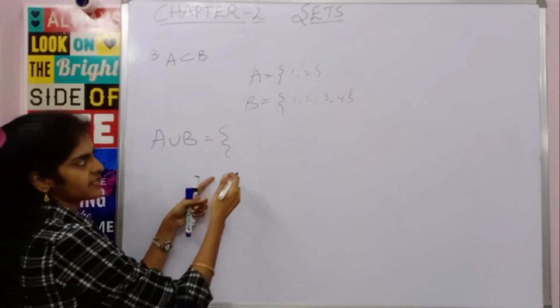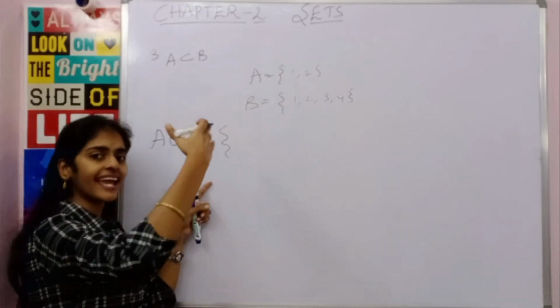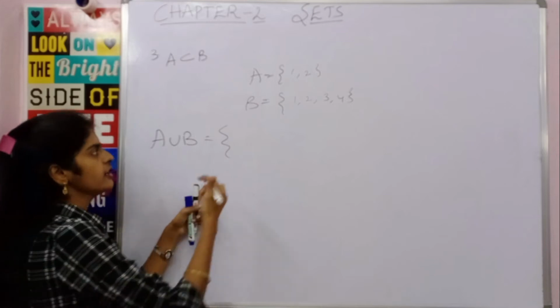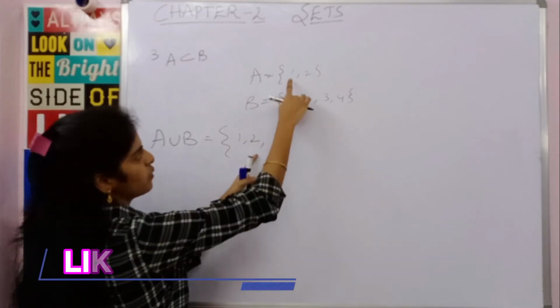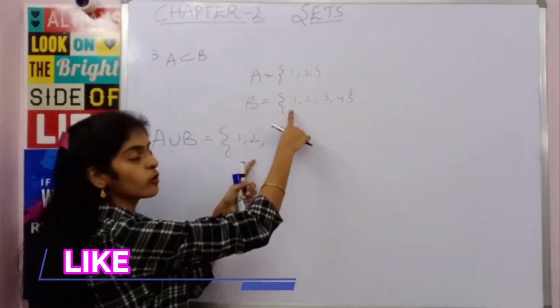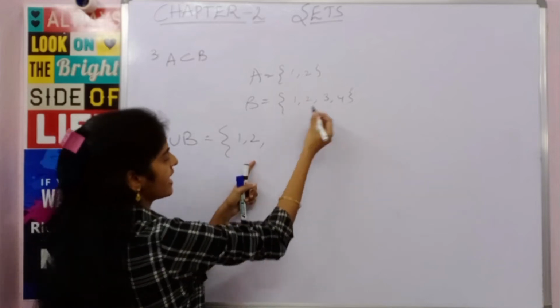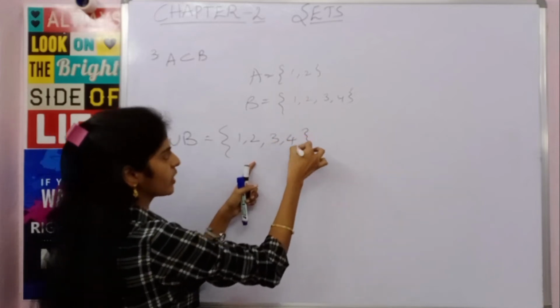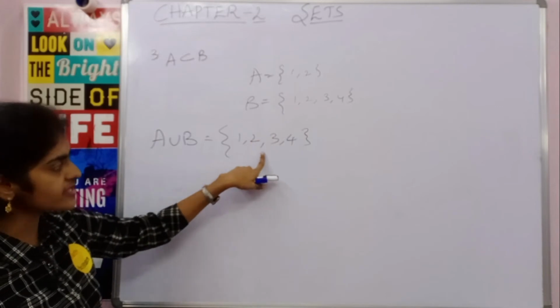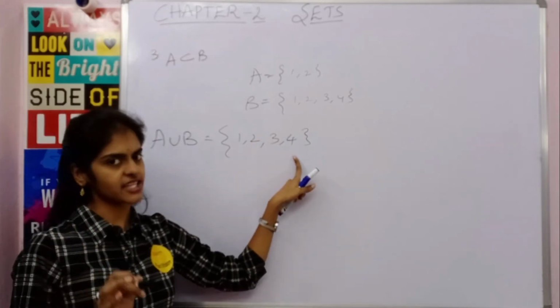A union B is nothing but you will take all the elements of A as well as B. So 1, 2 are elements of A, and here in B you have 1 and 2, and you have 3 and 4 in B. You will not repeat 1 and 2 again because a set contains unique elements, as we have learnt.